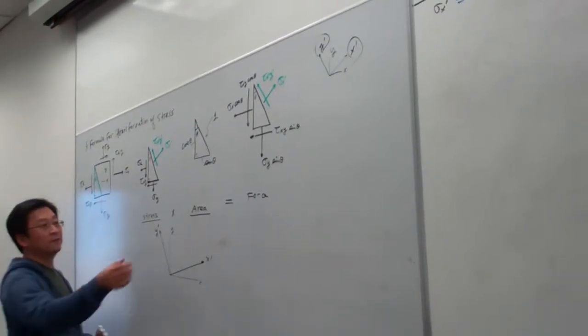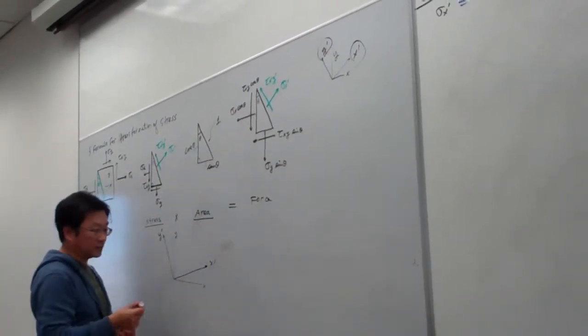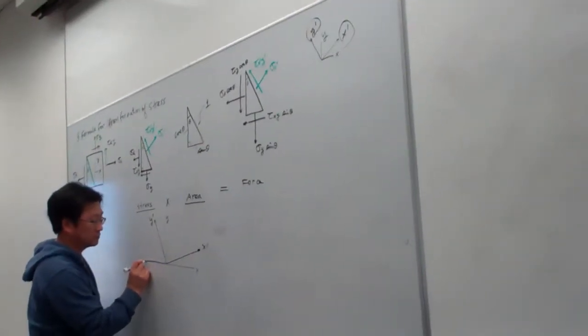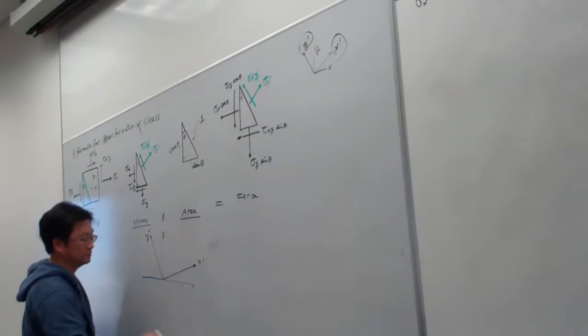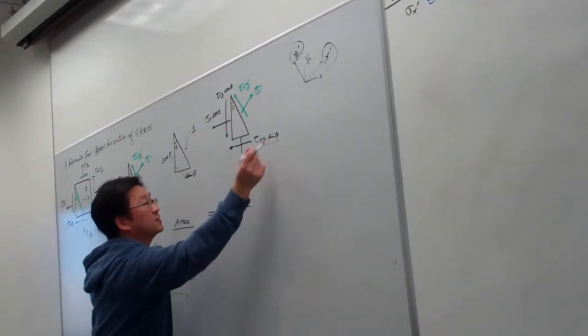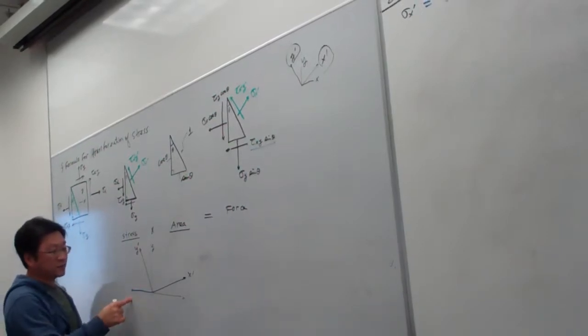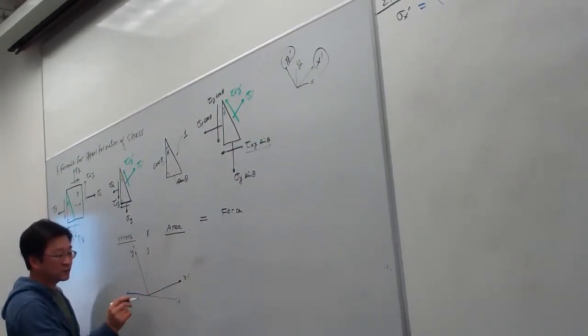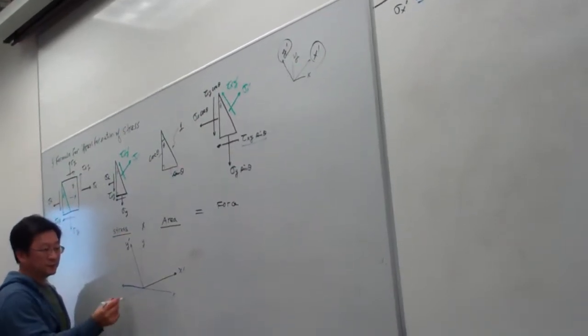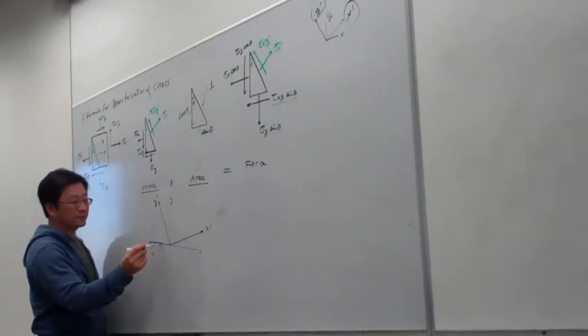Okay, so right now for this one is in these directions. So for that one, right now I try to fix this one. So this one is in this direction, so projecting into x prime and y prime, so that should be like this, right? So this is theta.